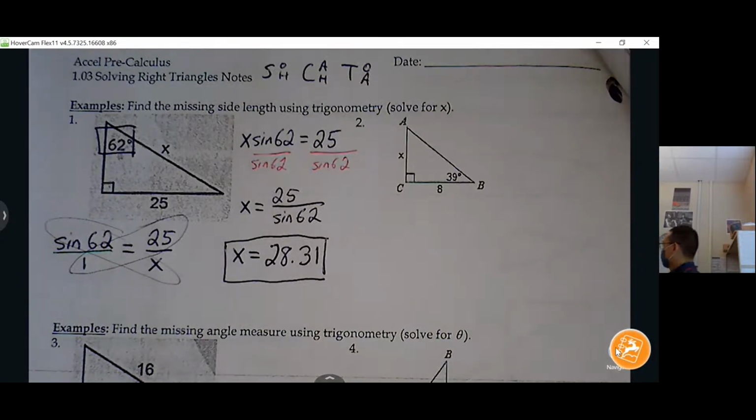Then identify the sides in relation to that angle, and then you can decide whether you're using sine, cosine, or tangent. Once you set up your equation, force it into a fraction equaling a fraction, pair up your diagonals, and then algebraically get x by itself and solve for x.